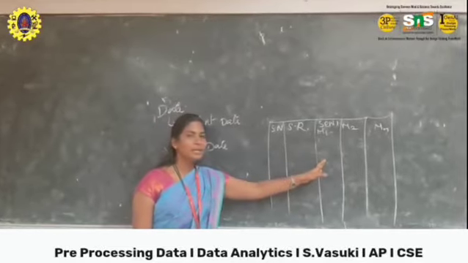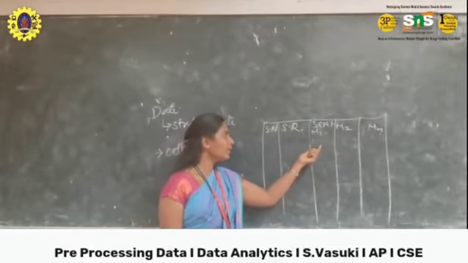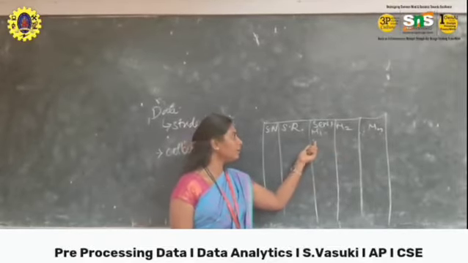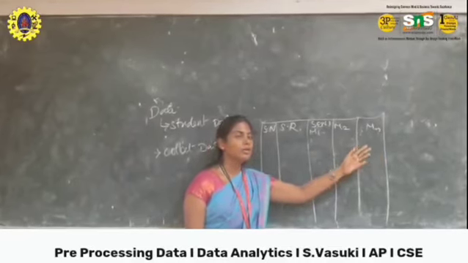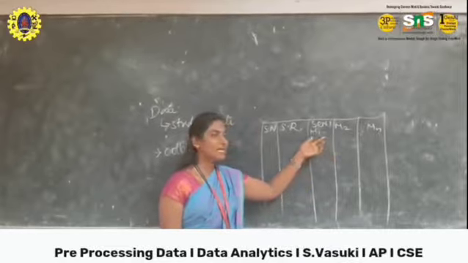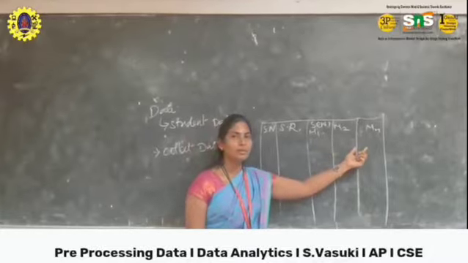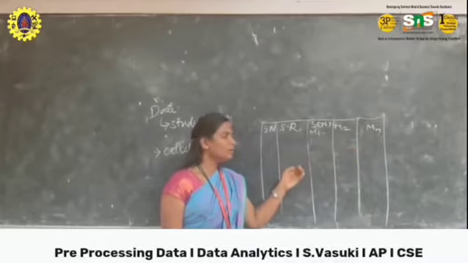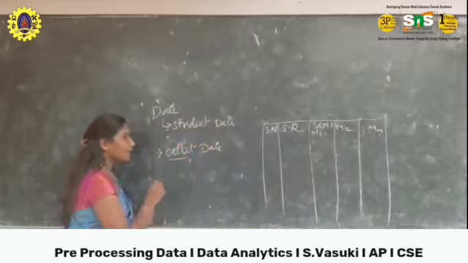Then I move on to the marks. A single faculty cannot handle mark 1, which means subject 1, subject 2, subject 3, subject 4. Each and every faculty is handling a subject, so I need to collect the data from each and every faculty member. That is called data collection.